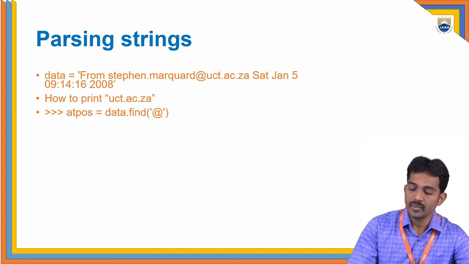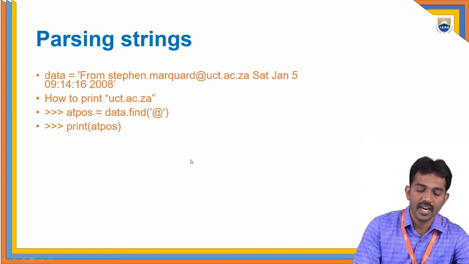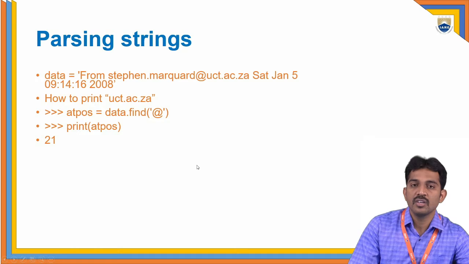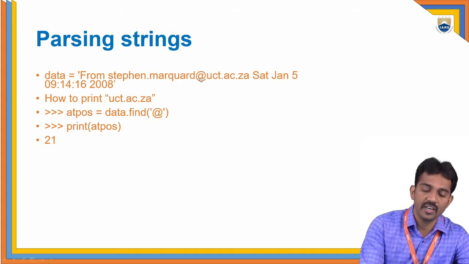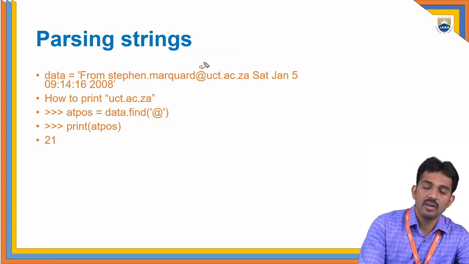See, if you print the at pos, it is 21, right? The position of the at character, the index is 21.